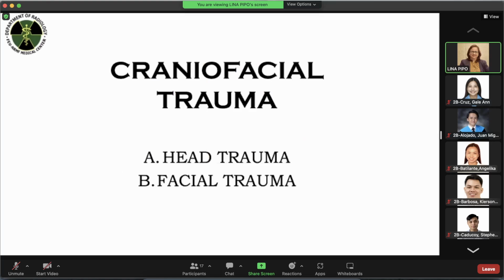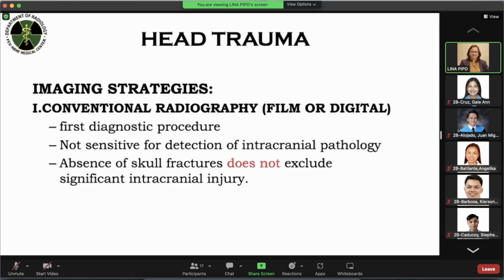Then next is craniofacial trauma. So we have head and facial trauma. For head trauma, the initial, first diagnostic procedure is X-ray, conventional radiography. This is the first diagnostic procedure and it is not sensitive for the detection of intracranial pathology.